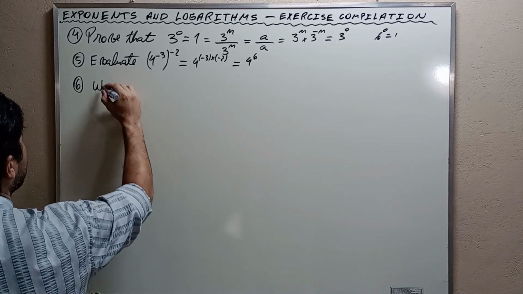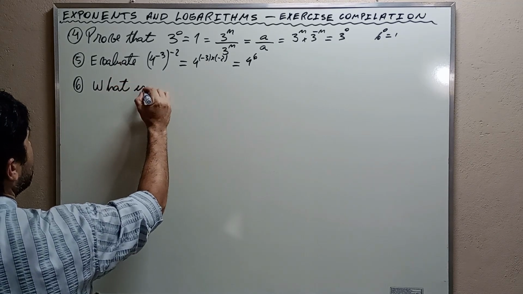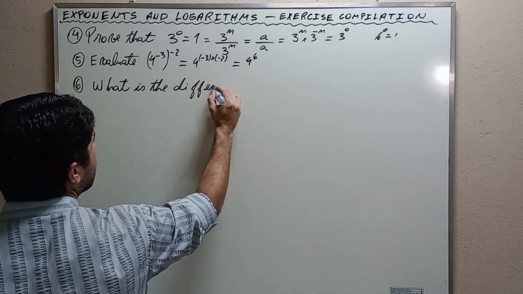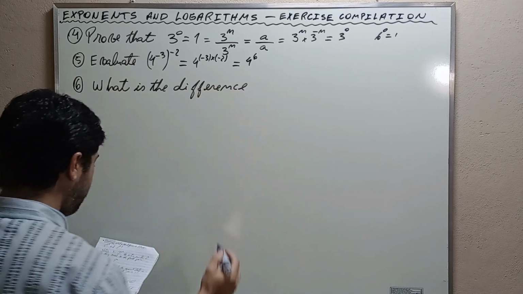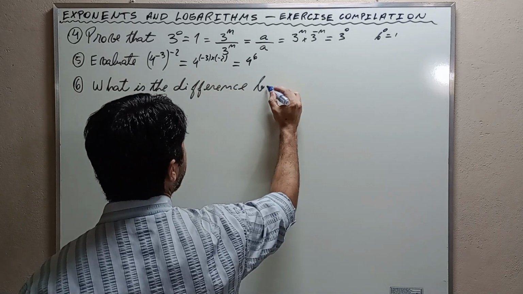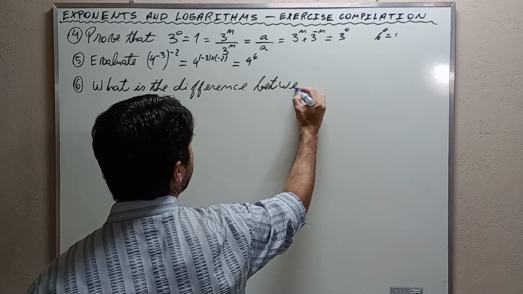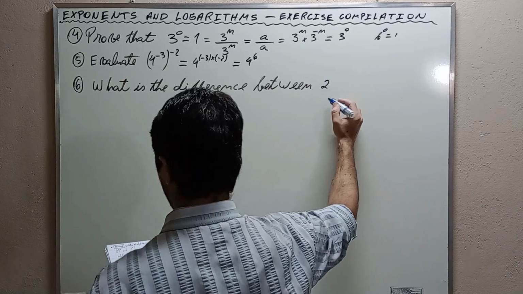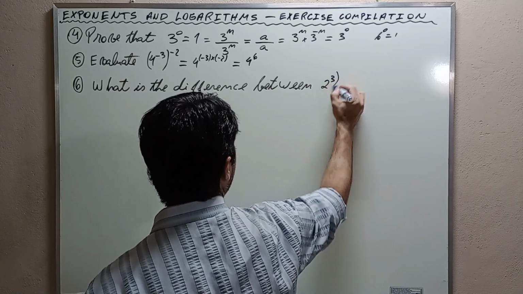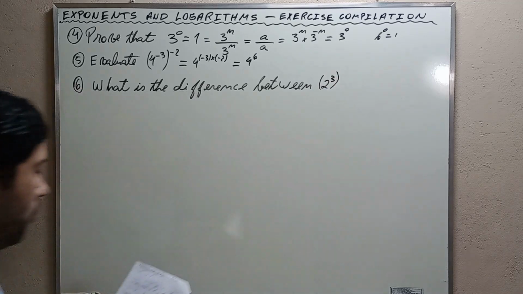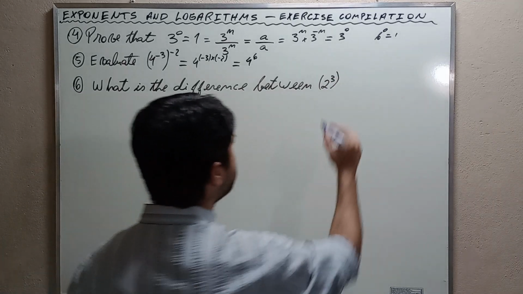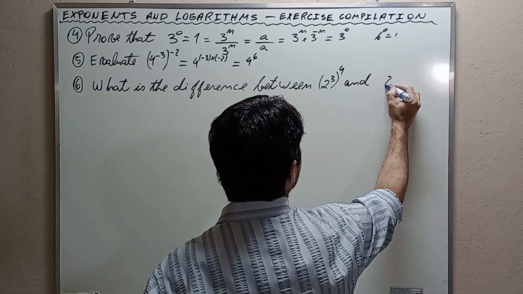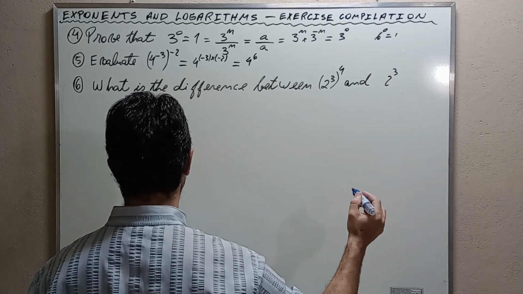What is the difference between 2 cubed raised to the 4th power and 2 cubed to the 4th?